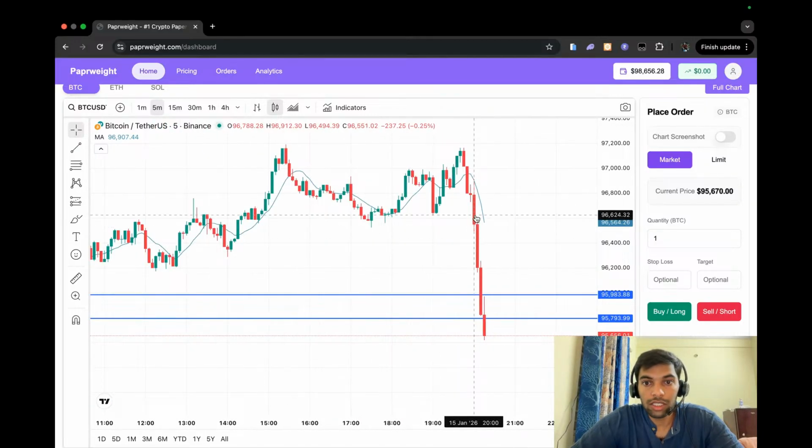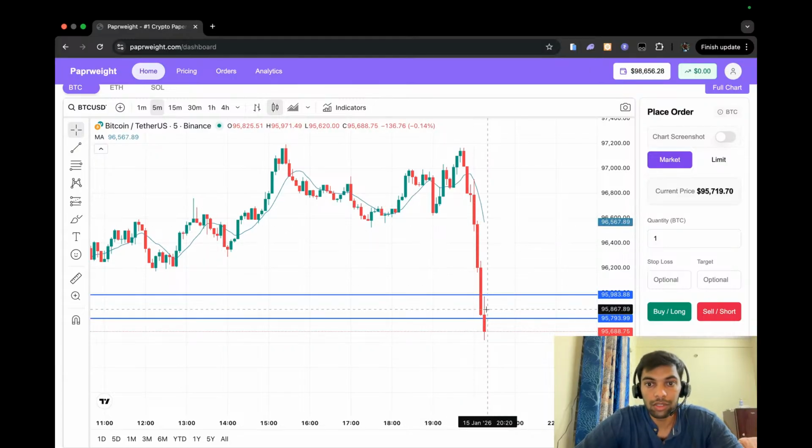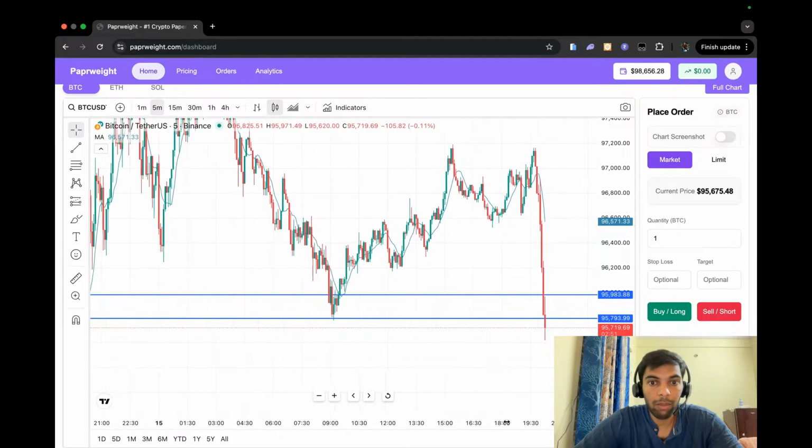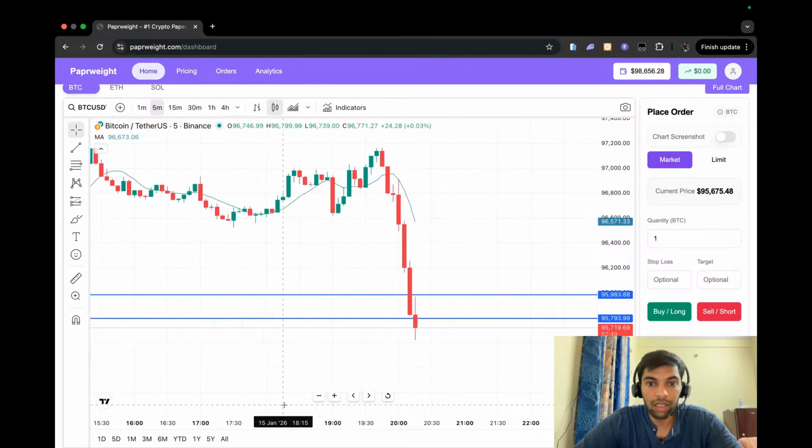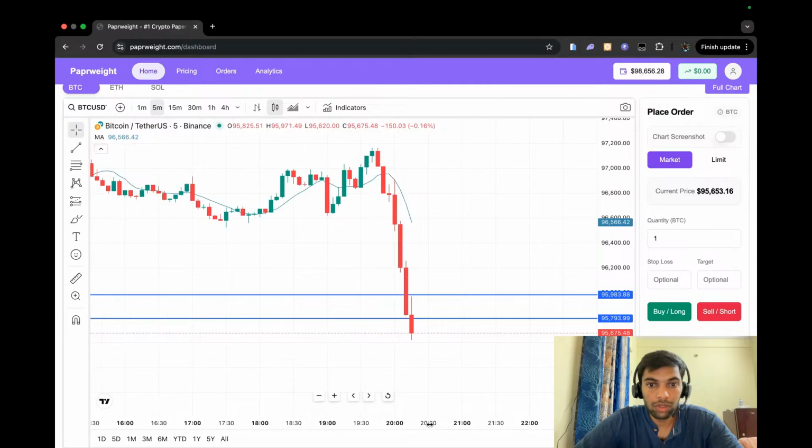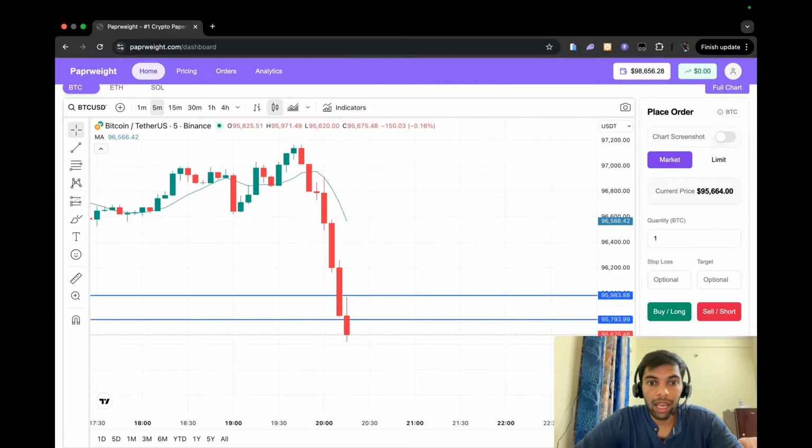As you can see, the market is going in the downward direction without any green candle, and these are unusual moves. You have to take a little bit of care while seeing these unusual moves.